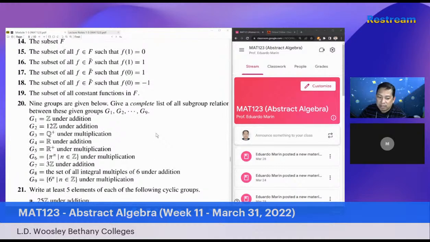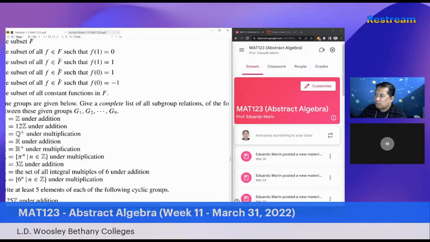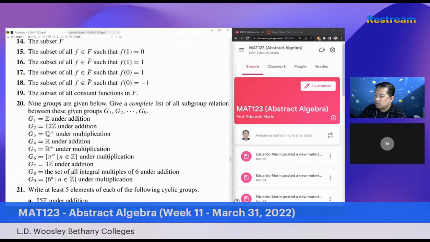Okay, for number 20, it's a take home. Nine groups are given below. Give the complete list of the subgroup relations between the given groups, G1 up to G9.